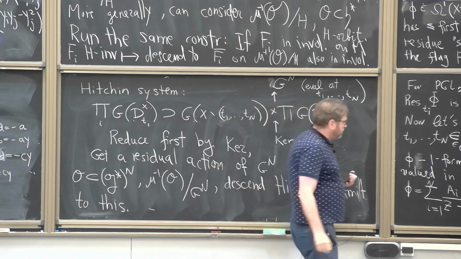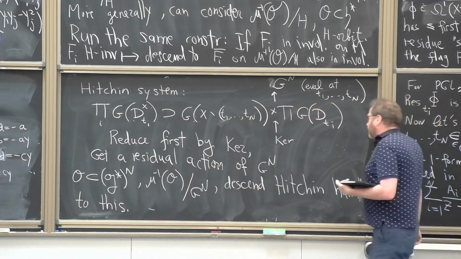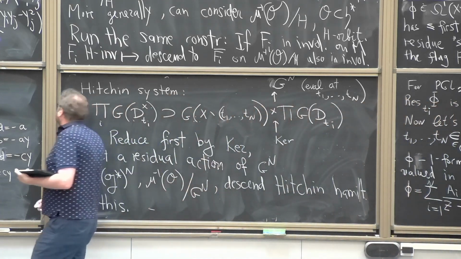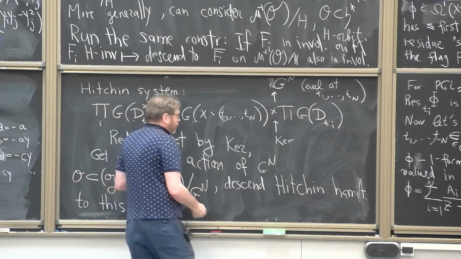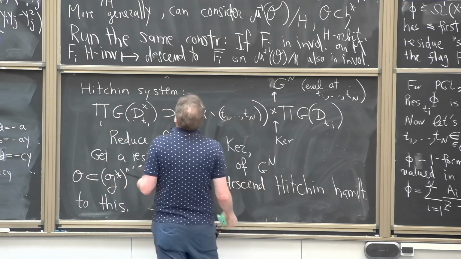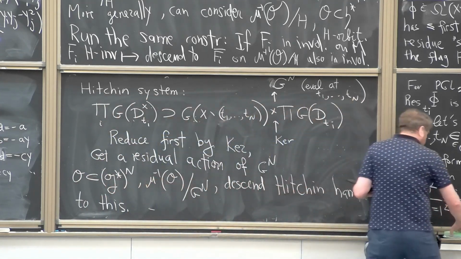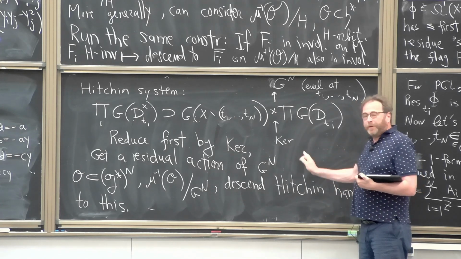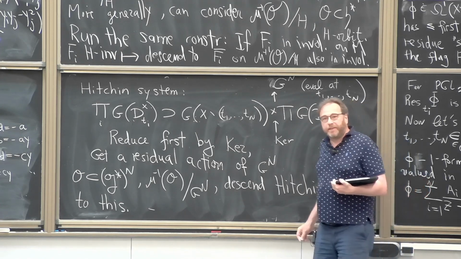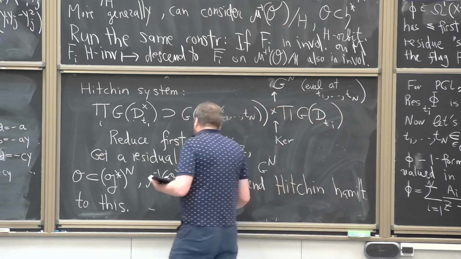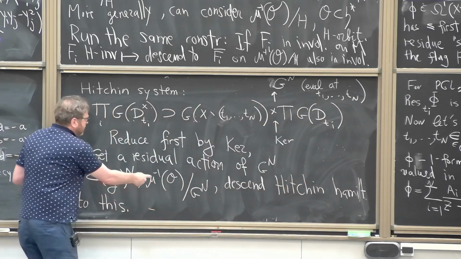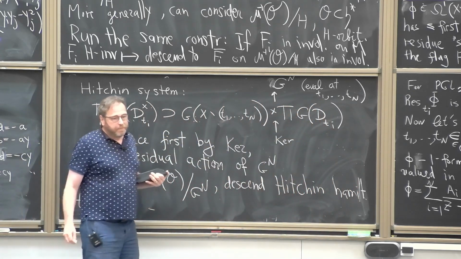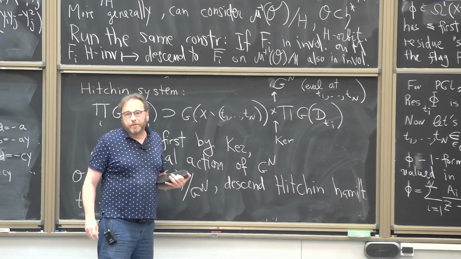So let's see what this procedure does in the case of PGL2, which we have played with today. At the moment there aren't parabolic structures; we will see how this is related. Parabolic structures will be related to the case when we take this to be the biggest nilpotent orbit.